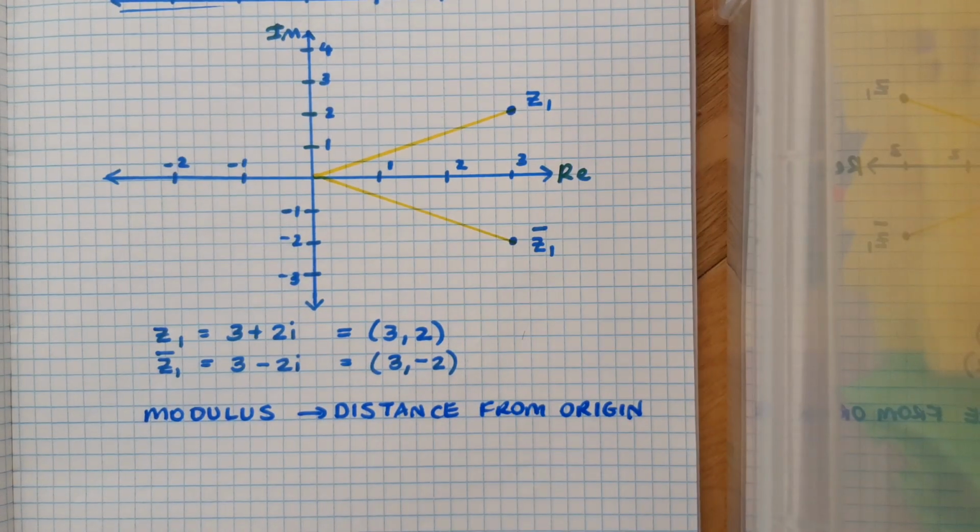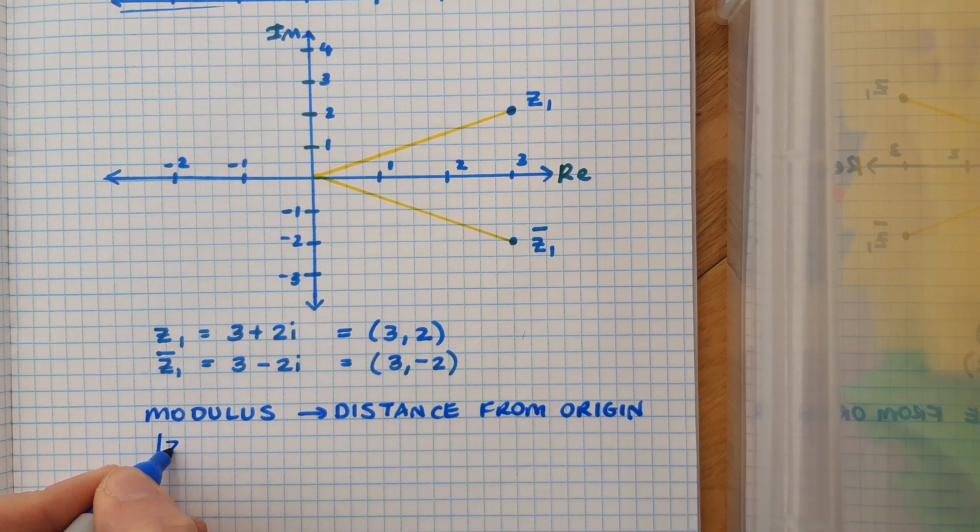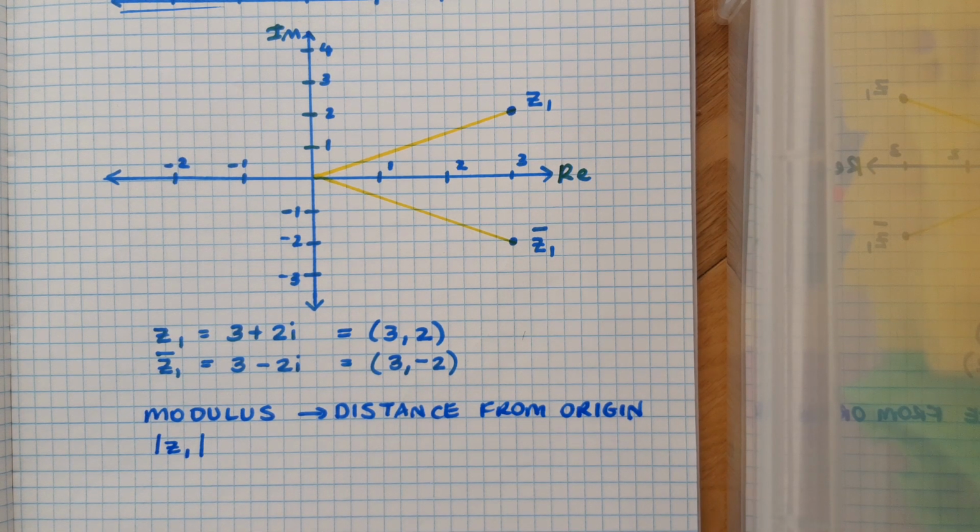So the modulus is just the distance from the origin, and the notation for it is |z1|. Now you might recognise this from a couple of different chapters. So for example, in coordinate geometry, we know that this means distance or length, which makes sense. And from algebra, we also know that it means absolute value. So again, those two things are related. Really, it's just how far are you from 0.